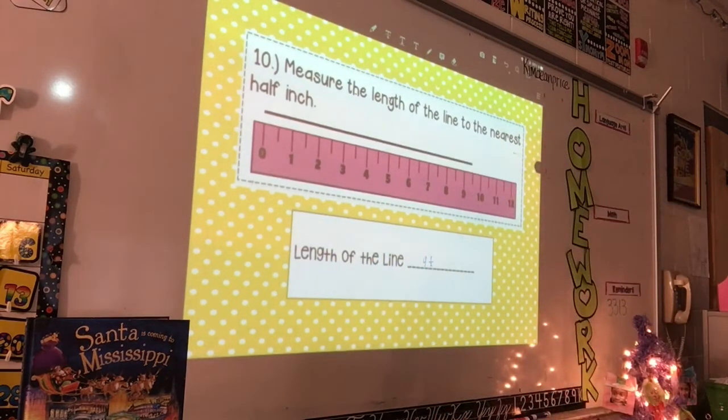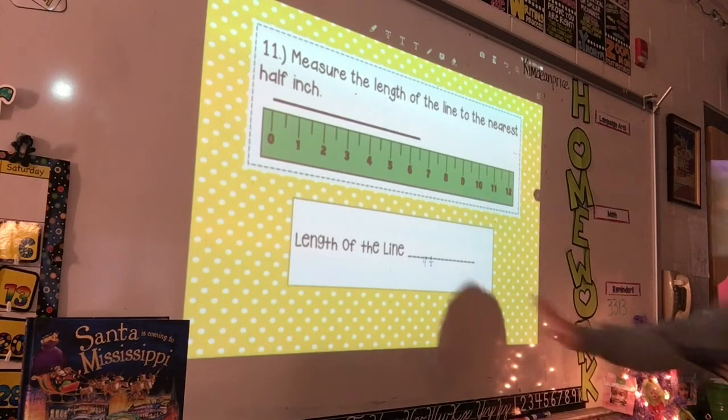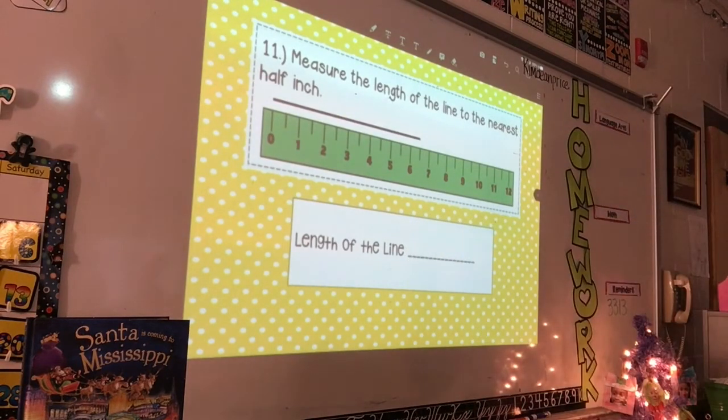So everybody put an X on top of 9 and 1/2. Make sure you put it on top of the line. Okay? 9 and a half. All right, Anhar, you want the next one? Yeah. All right. So you should have an X on 11 and a half and 9 and a half.